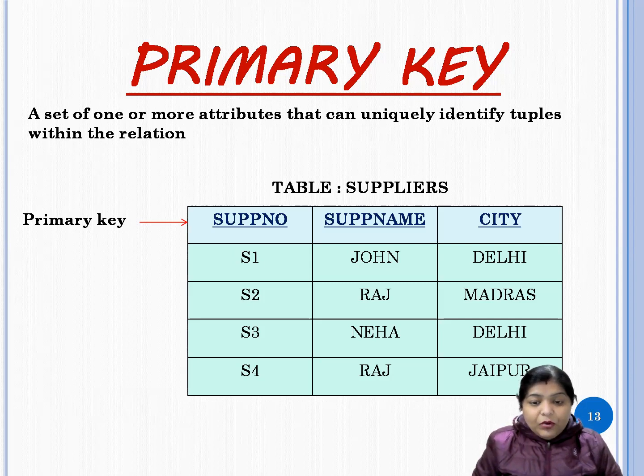For one more example, in a school, the admission number is unique to each and every student of the school. So that becomes a primary key. So primary key uniquely identifies the particular tuple or record or row within a table.